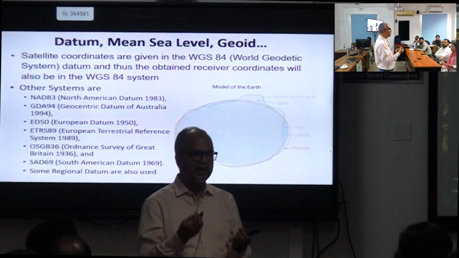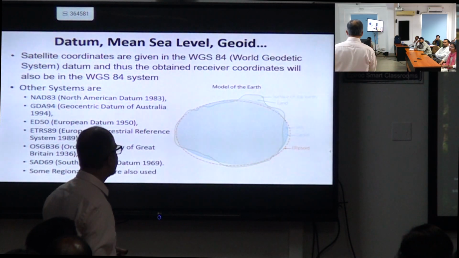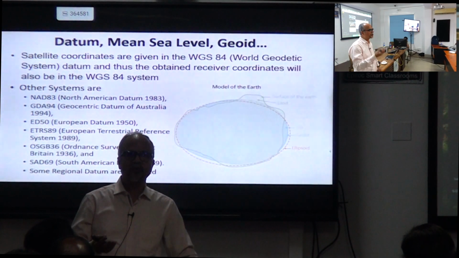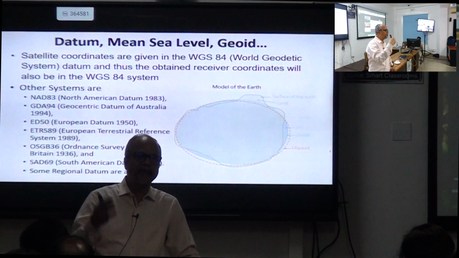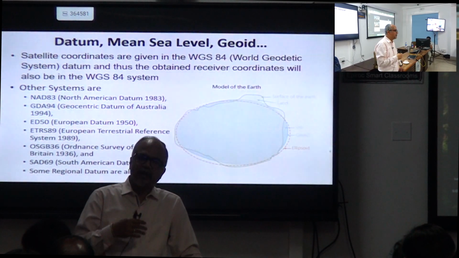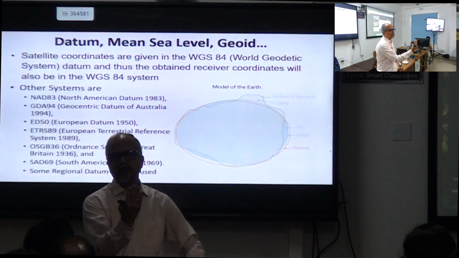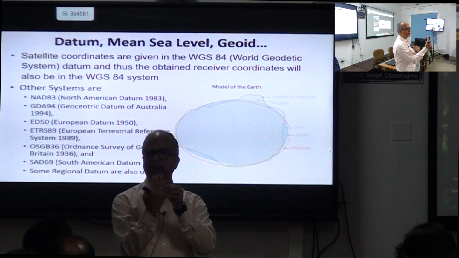So you will have to be careful in deciding, because my background is basically water resources and I do a lot of hydraulic modeling, river modeling kind of things. When we do river modeling, suppose a gauge that I am seeing says this is the elevation, this is the level.